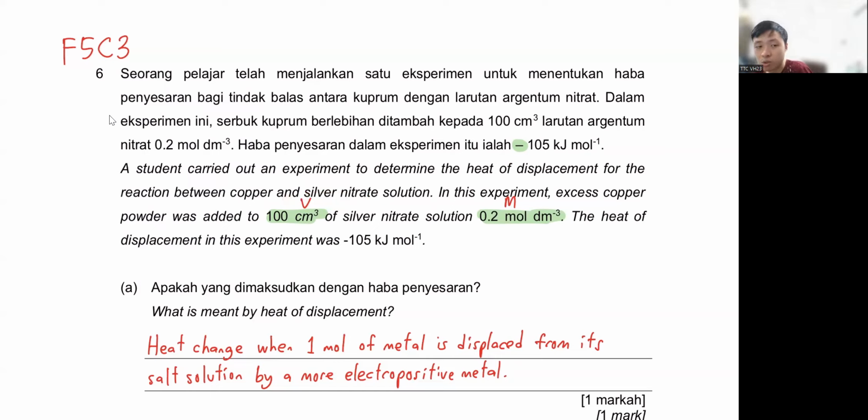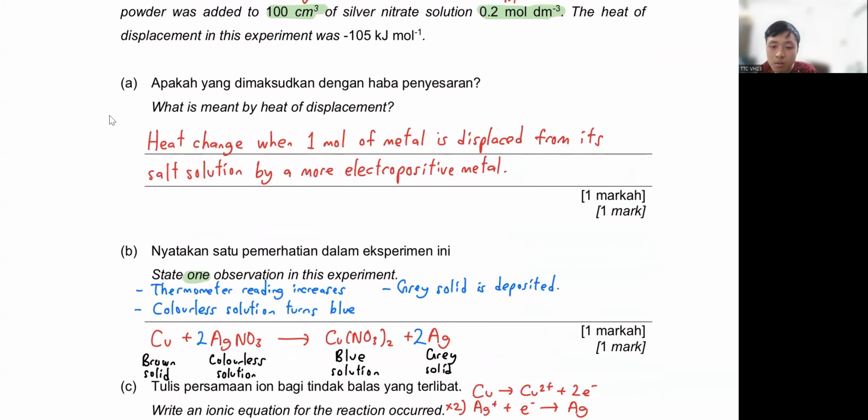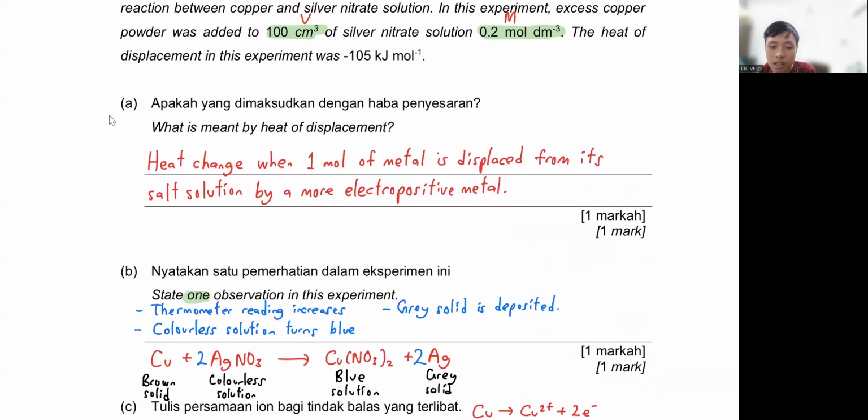Now, there are 3 observations you can write. In case they ask for 3 observations and you don't remember, I have 3 suggestions here. Copper originally is what color? Brown. Silver nitrate is originally a colorless solution. After that, copper takes away the nitrate from silver and becomes copper(II) nitrate.